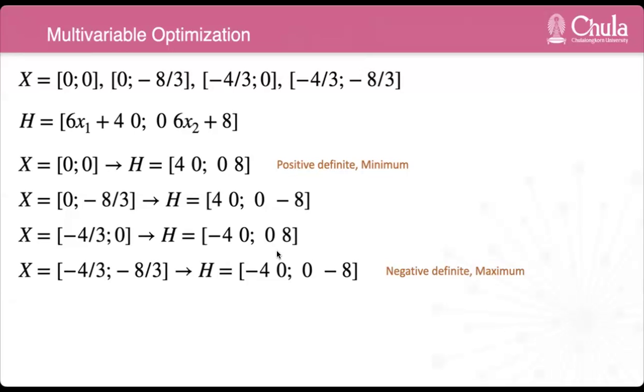Actually, this problem is quite easy because all these matrices are very easy to recognize as positive definite or negative definite. Why? Because the first one, 4, 0, 0, 8, is a diagonal matrix, right? Only the diagonal is not 0, and the other elements are 0.